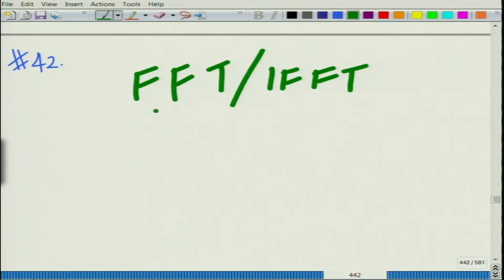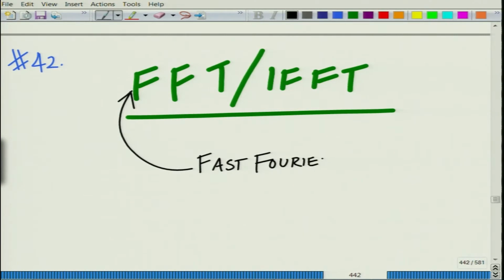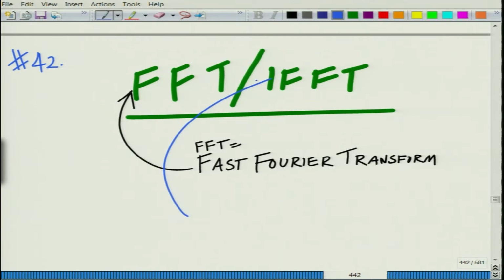So, this is one of the fundamental operations, or we could say one of the fundamental linear operations in system analysis and signal analysis. So, FFT stands for fast Fourier transform, that is your FFT, and IFFT, many of you might be familiar, that is the inverse of the FFT, that is the inverse fast Fourier transform.